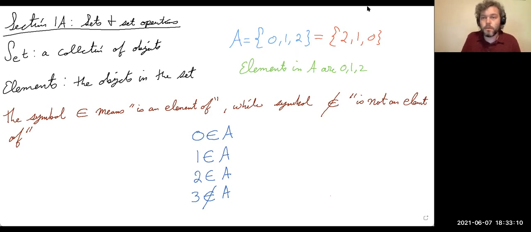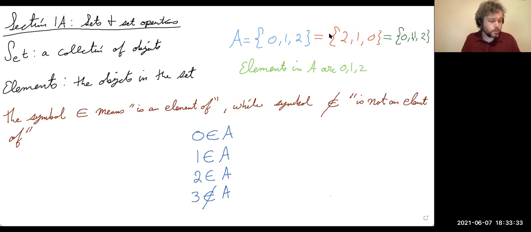The other thing with sets is that we would never write something with duplicates. So you would never write 0, 1, 1, 2. You wouldn't write duplicates of a number. Things only need to be listed one time.